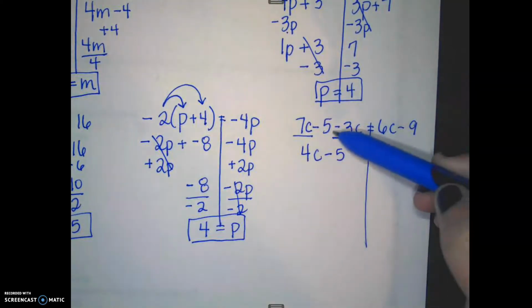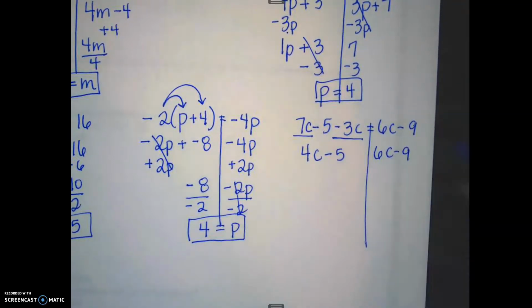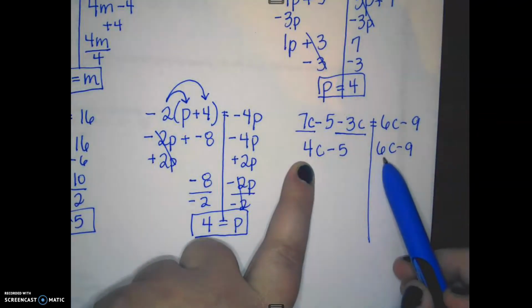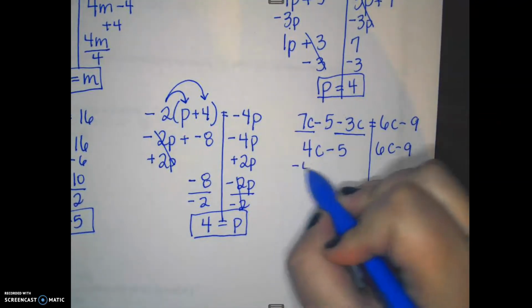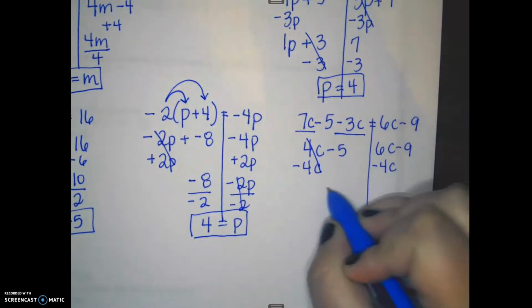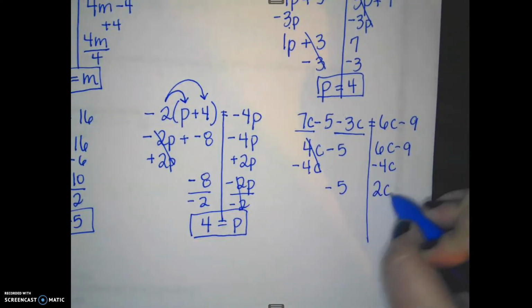Remember when I combine terms to include whatever operation is with it? Didn't do anything to that side. Do I have parentheses? No. Do I have multiple variables on one side? No. I have a 4 and a 6 for my coefficient, so I'm going to remove my smaller coefficient, leaving me with negative 5. 6 minus 4 is 2c.